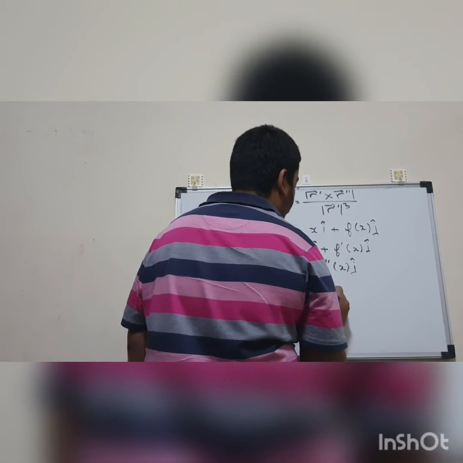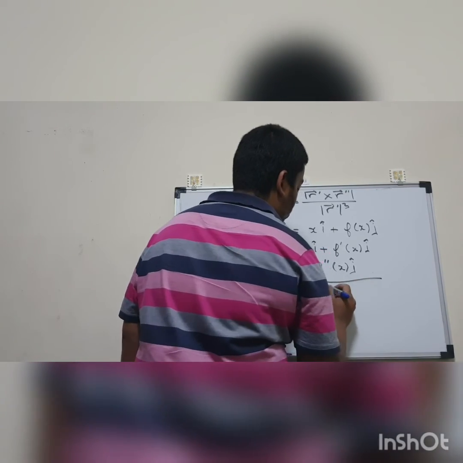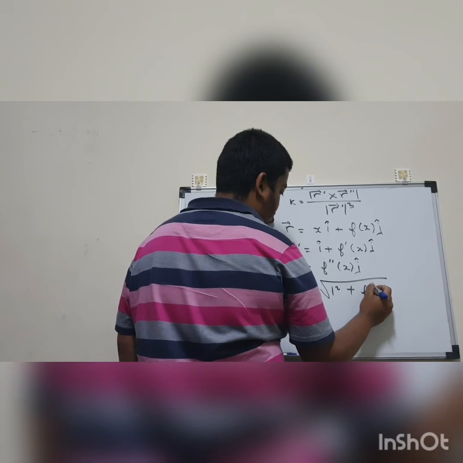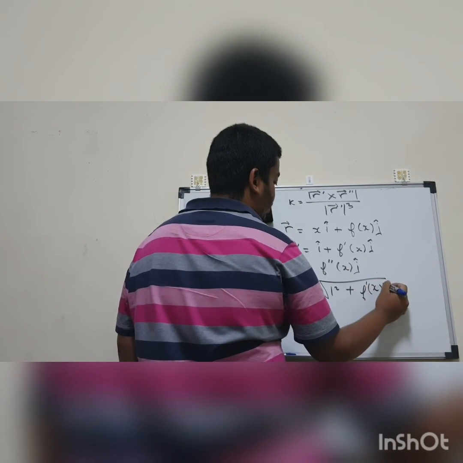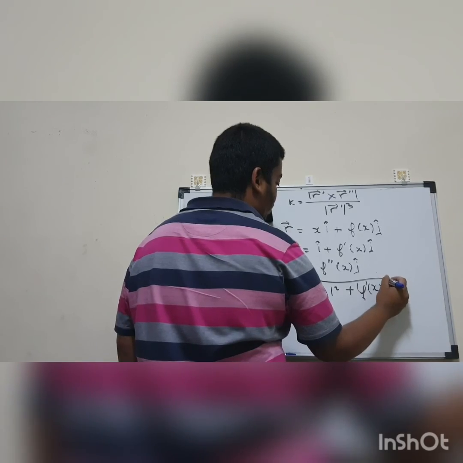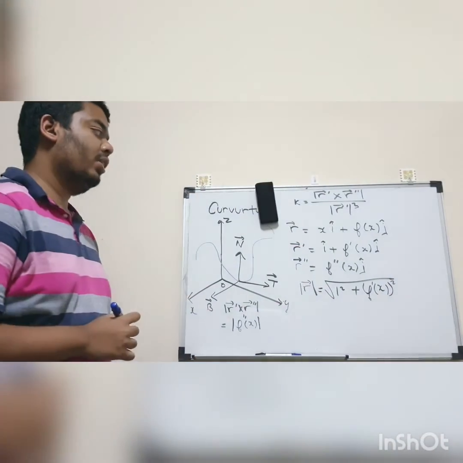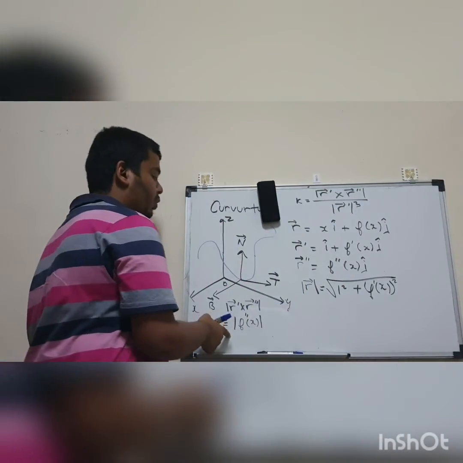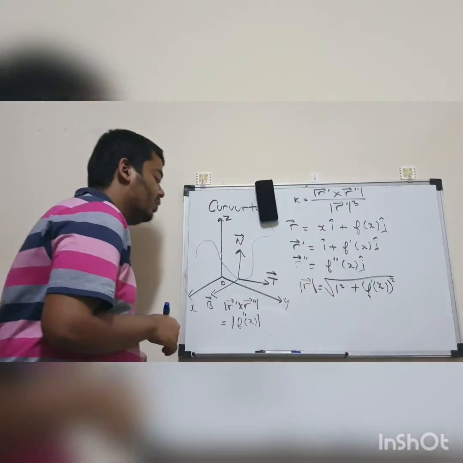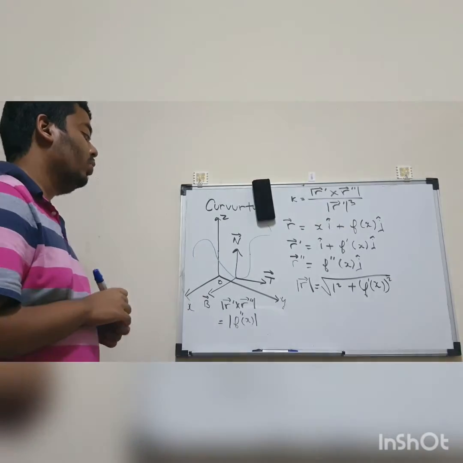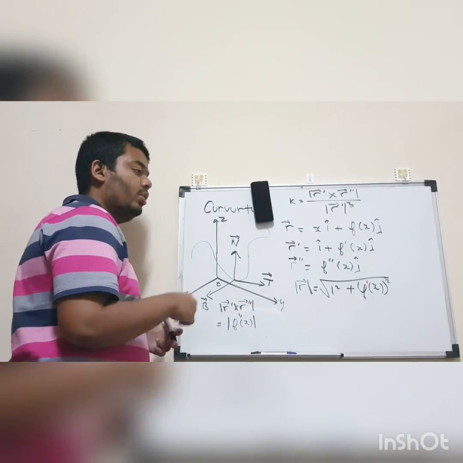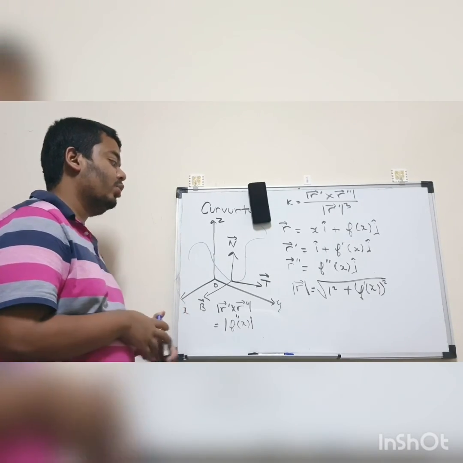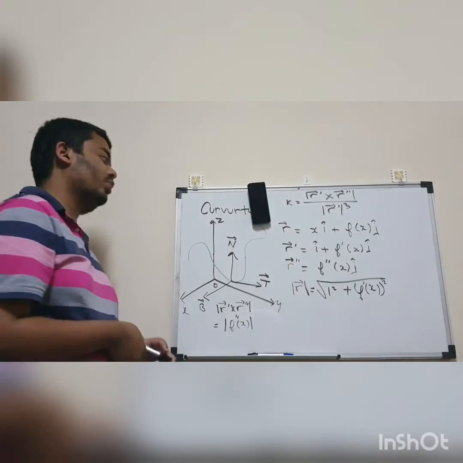The magnitude of r prime will be the square root of 1 square plus f prime of x square. Perfect. This will be the magnitude of r prime. And obviously, if you input this into this formula, you will get an answer which is only in terms of x and f of x. So you just have to compute this value back with the curvature formulas.